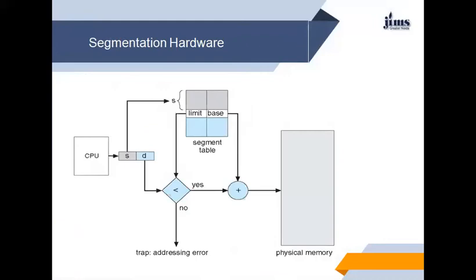The segment number indexes into the segment table. In this segment table, two things, limit and base value, will be there. The offset value is compared with the limit register, and if the offset value is less than the limit, then only this offset value is added to the base register and the particular physical address is generated. If the offset value is greater than the limit register, then an address trap is generated.